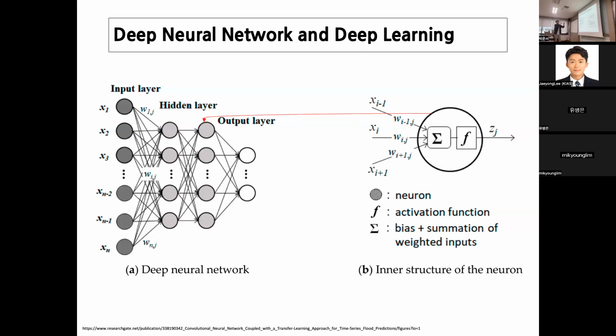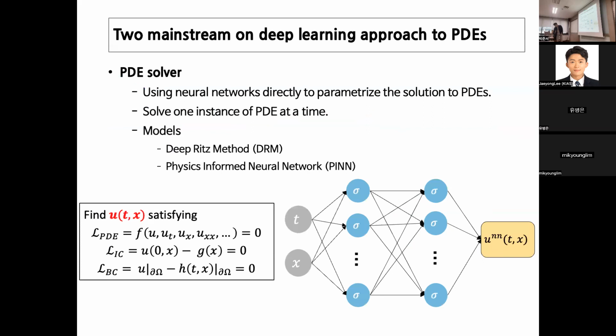This deep neural network and its more advanced structures are used for things like image segmentation, image-to-image regression, or other tasks. Today I'll use this deep neural network structure to approximate PDEs.